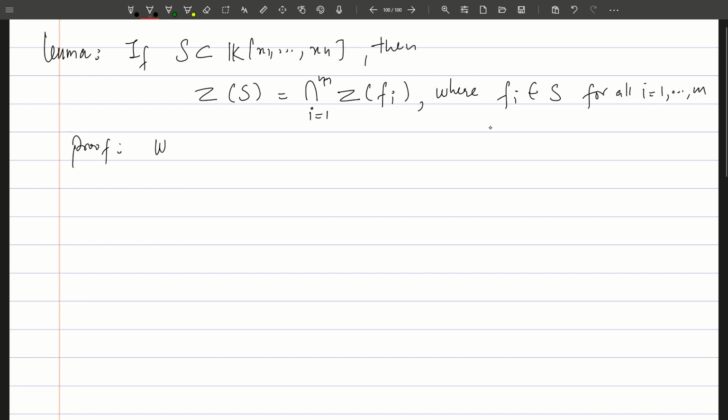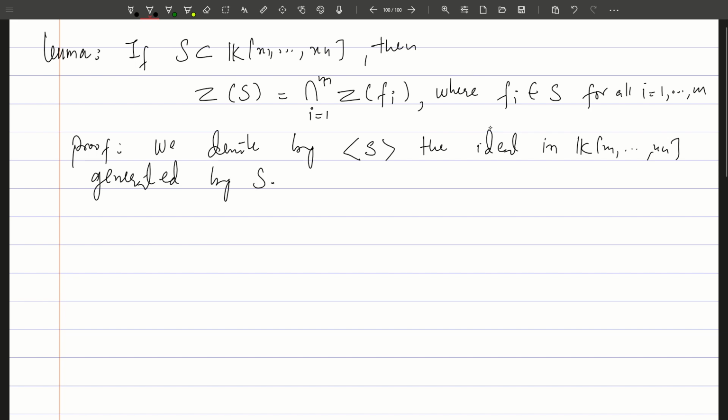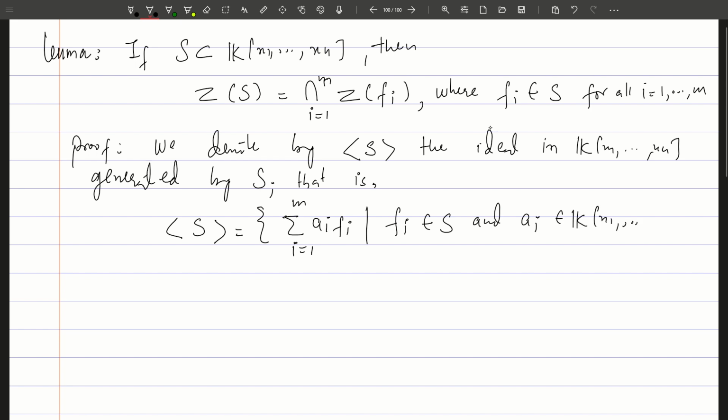So we denote by this set S along with these angle brackets the ideal generated by S, the ideal in the polynomial ring generated by S. That is, the ideal generated by S contains all the polynomials of the form sigma ai fi, where i goes from 1 to n, such that these fi's are in S and ai's are in the polynomial ring in n variables.